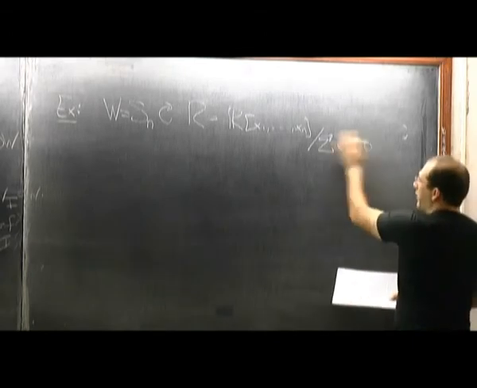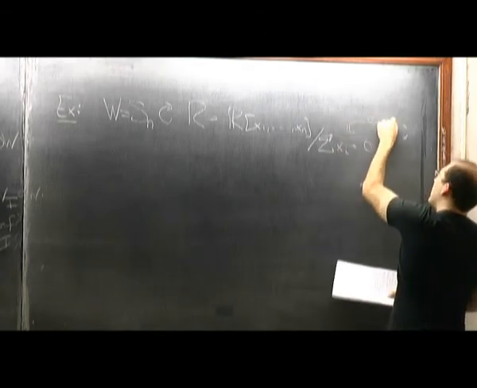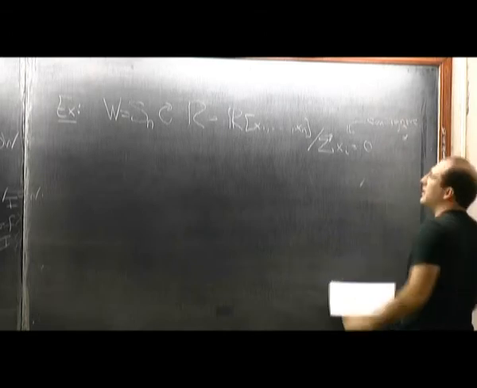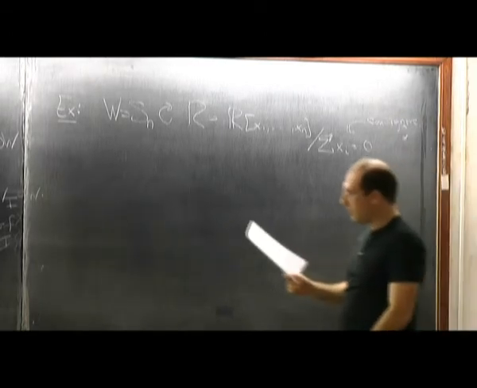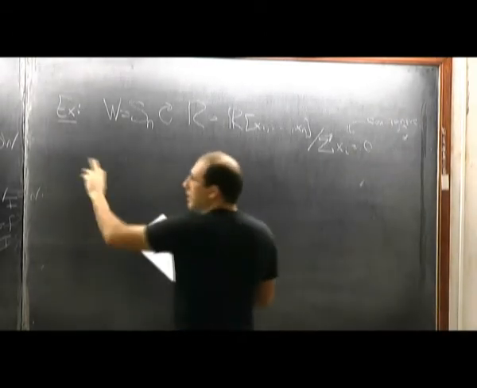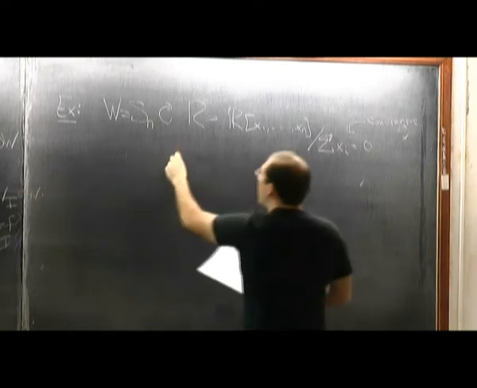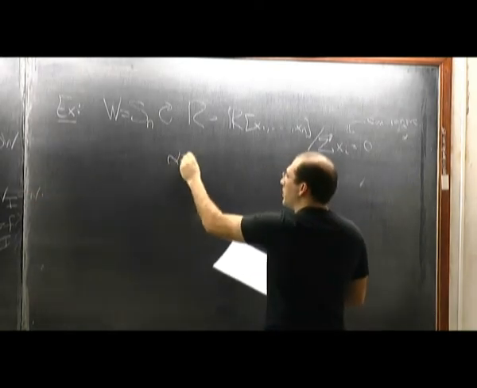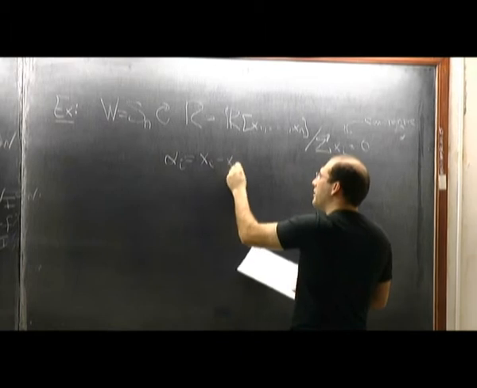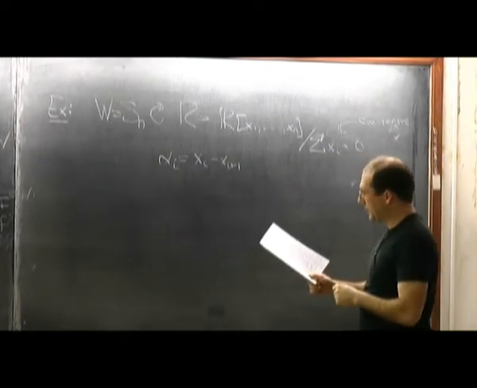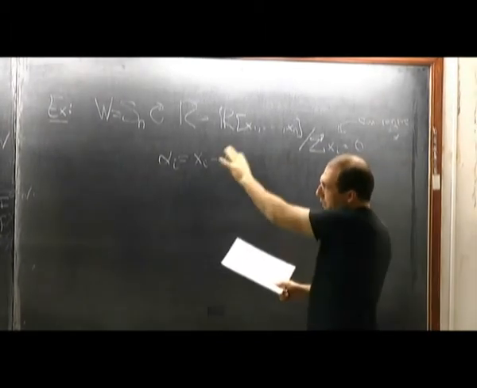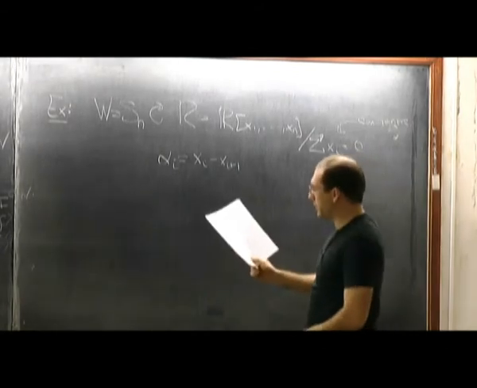So it's OK to ignore this. If you want to, it doesn't make a difference. And there's supposed to be some simple roots inside here. So the ith simple root is xi minus xi plus 1. And then you can check that this obeys those rules.